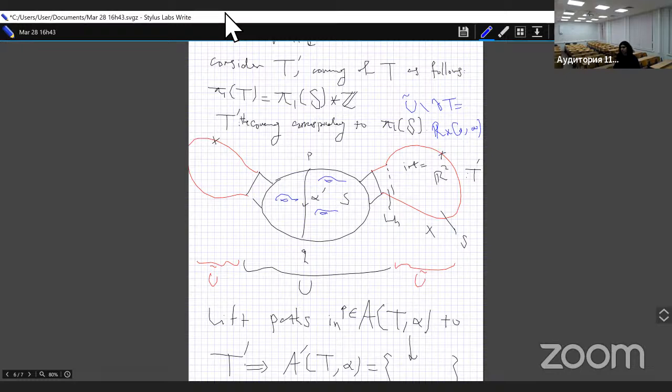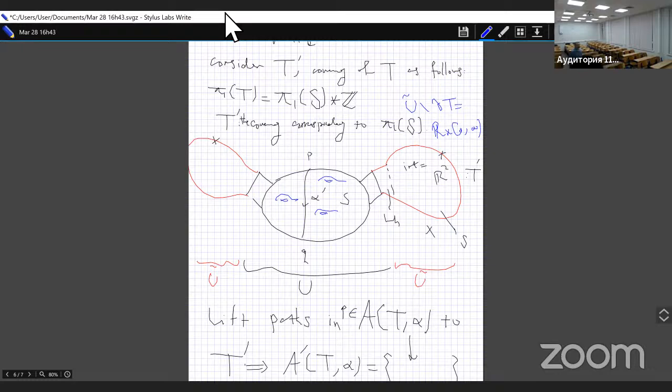And the red parts are also exactly what is shown in this picture, except we need to remove 2 points from the boundary. And then we get literally what it says here. In particular, it's homotopy equivalent to U.